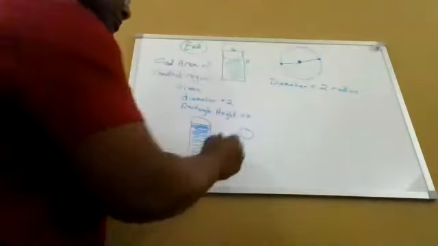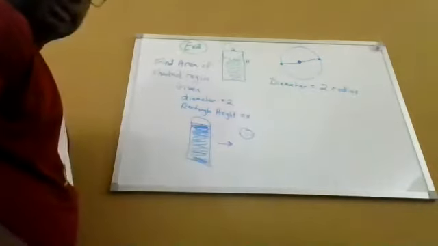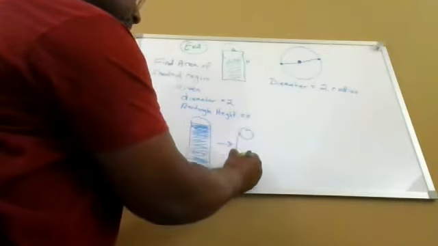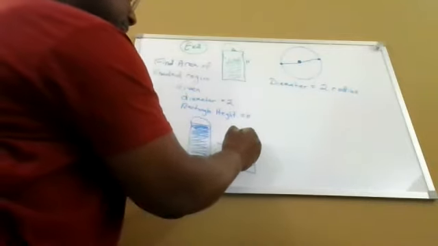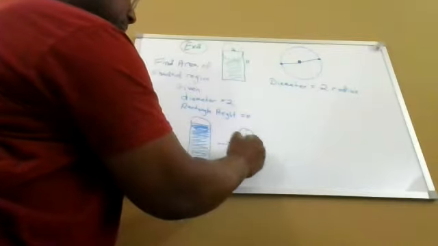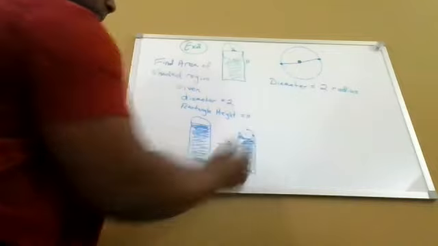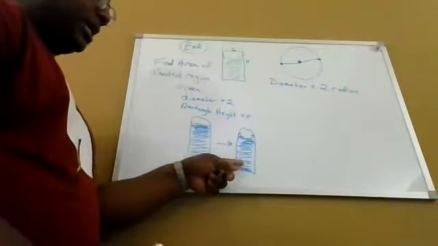There's my circle. There's my diameter. So this is the shaded part that we need.